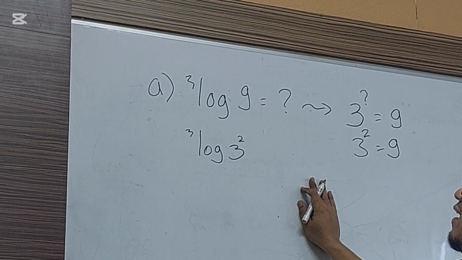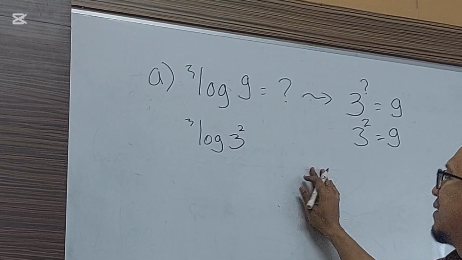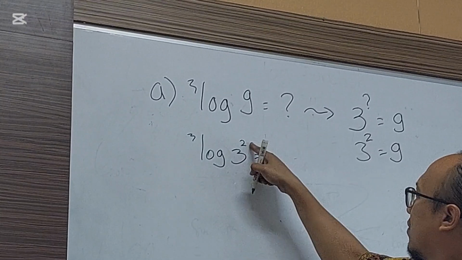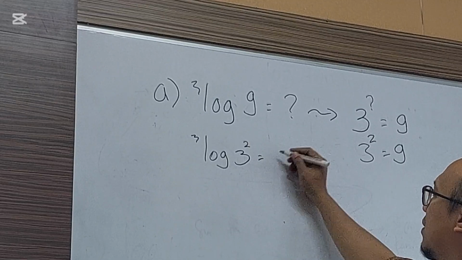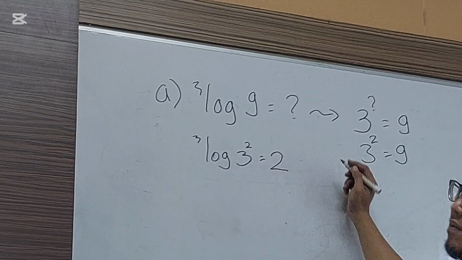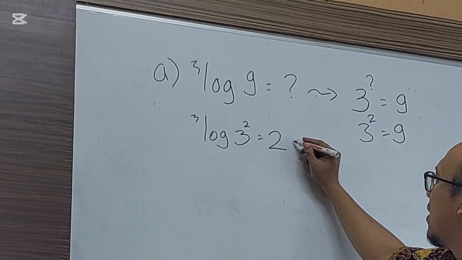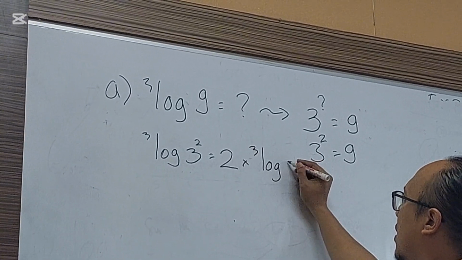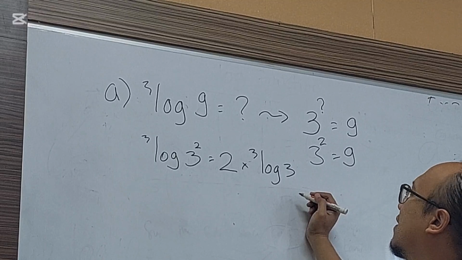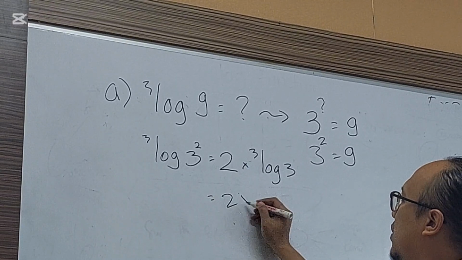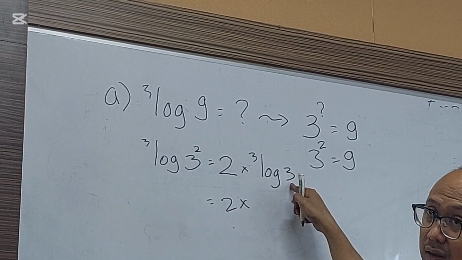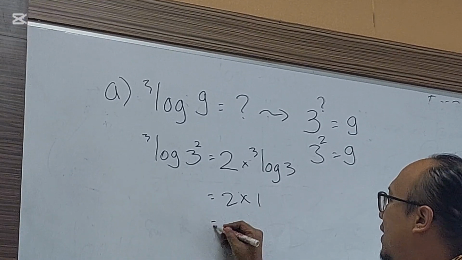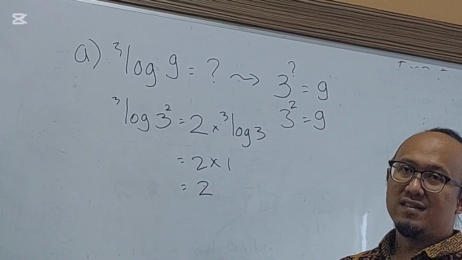The power will become a constant, so it will be 2 multiplied by log base 3 of 3, equal to 1. So it will be the same.